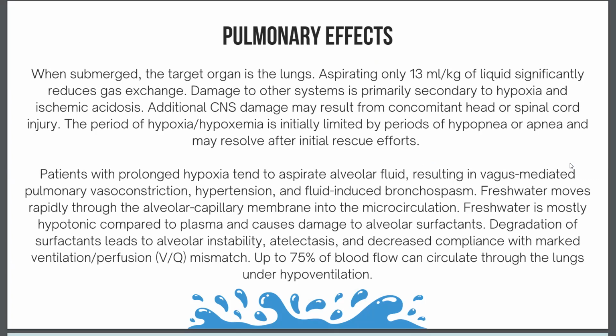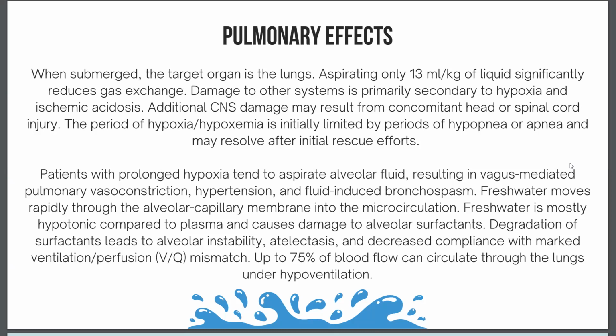So here are the effects of drowning. So, pulmonary effects. When submerged, the target organ is the lungs; aspirating only 1 to 3 milliliters per kilogram of liquid significantly reduces gas exchange. Damage to other systems is primarily secondary to hypoxia and ischemic acidosis.